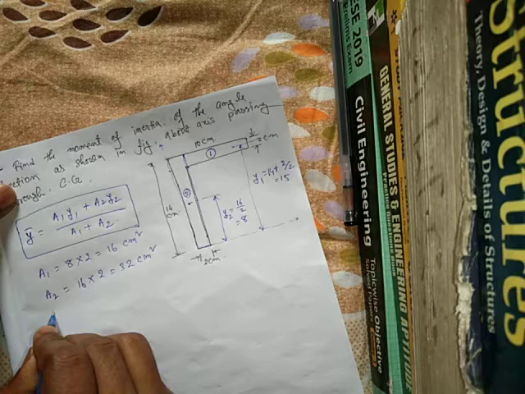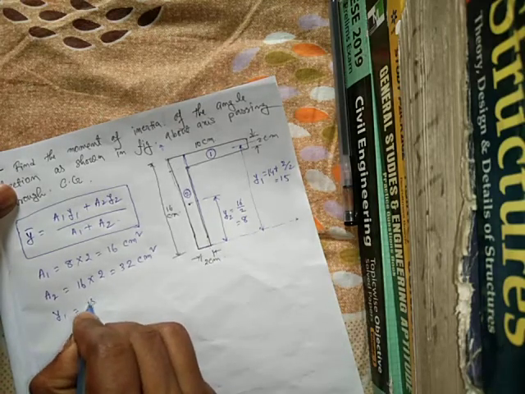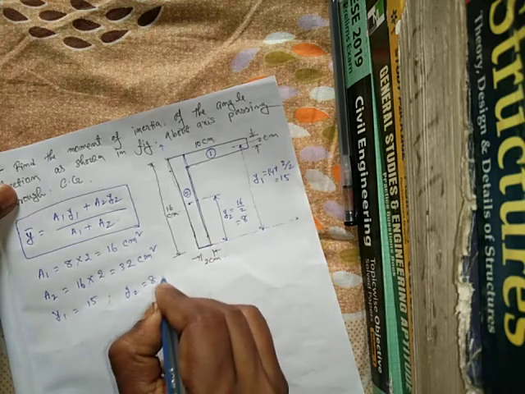Here I am writing y1 equals 15 and y2 equals 8 centimeter.